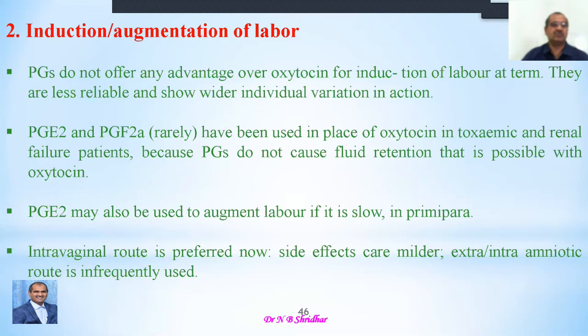And PGE2 may also be used to augment labor if it is slow in the case of a primiparous animal. And the intravaginal route is also preferred now. Side effects are milder. The intra-amniotic route is infrequently used, of course.